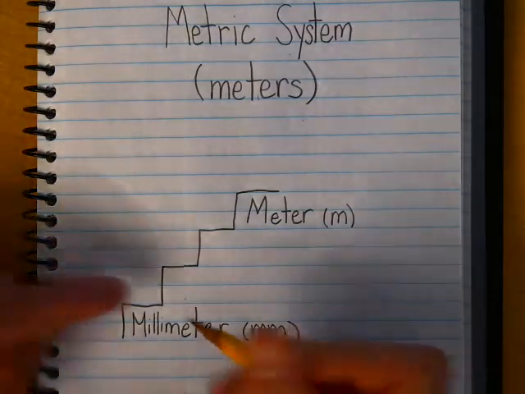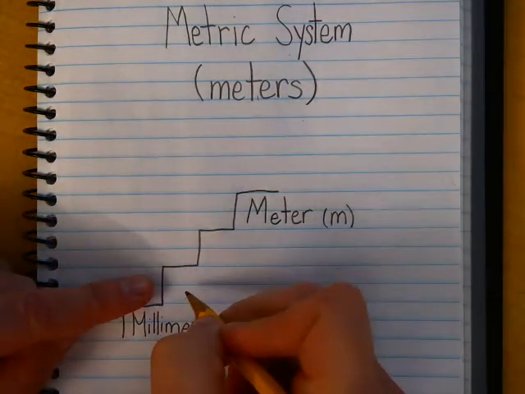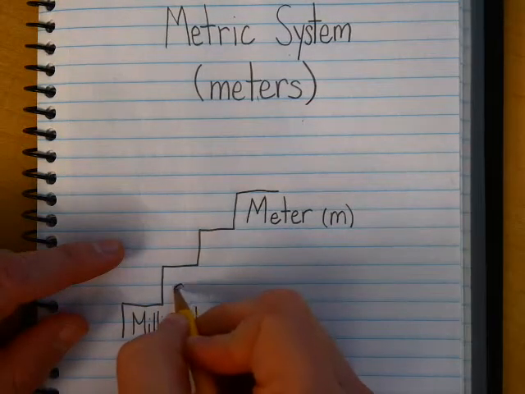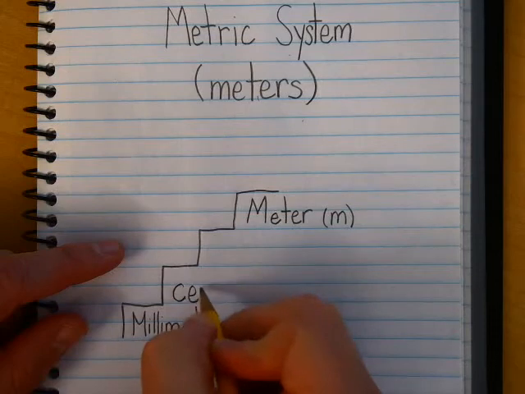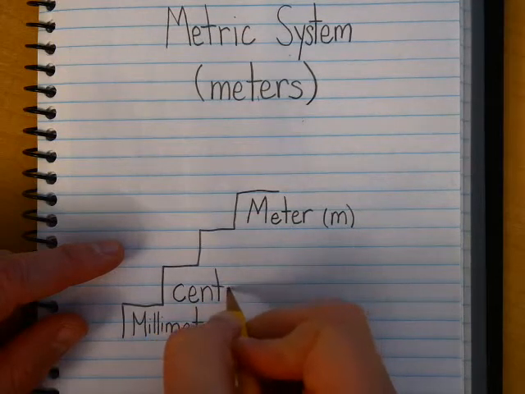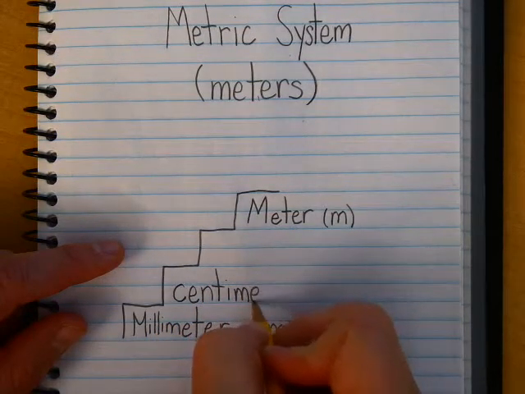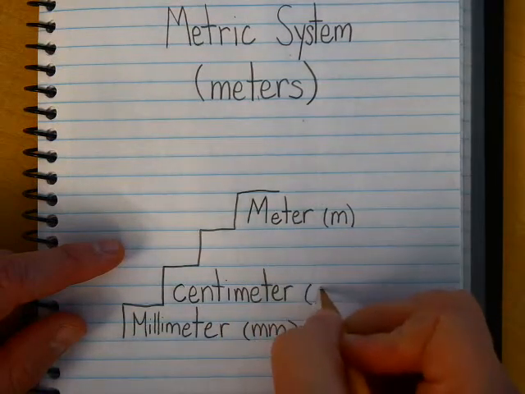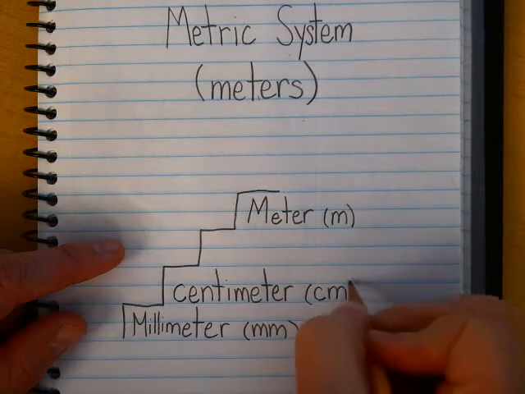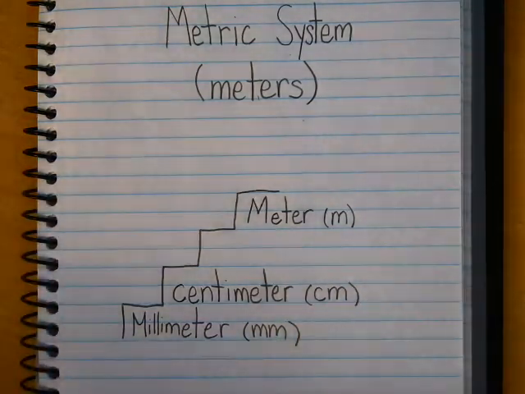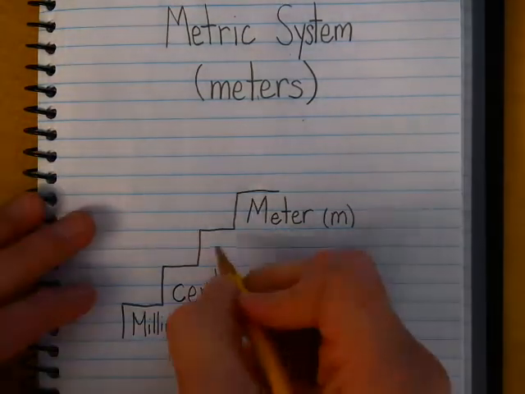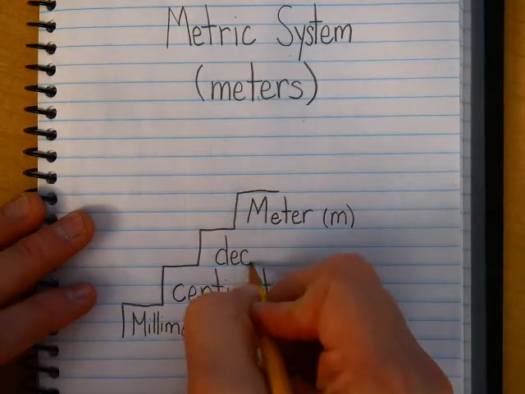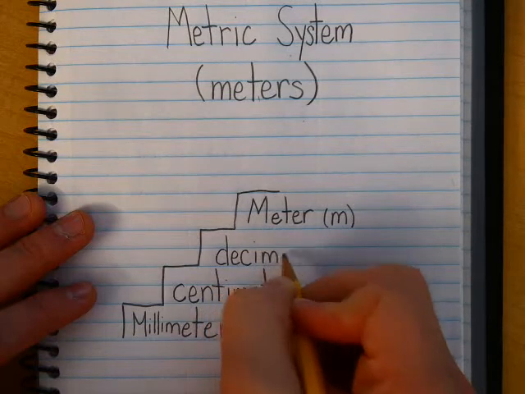Now the next one up that we're going to talk about is a centimeter, and the abbreviation for centimeter is cm. And then we have a decimeter. All of these measurements fit very nicely into these stairs.